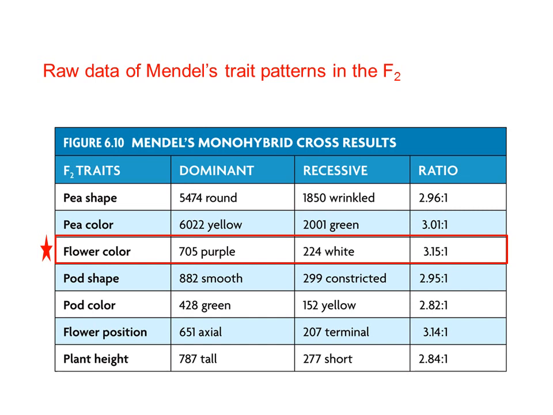So the raw data collected from Mendel's crosses illustrated that every one of his 7 characteristics produced a 3-to-1 ratio in reference to the F2 progeny.